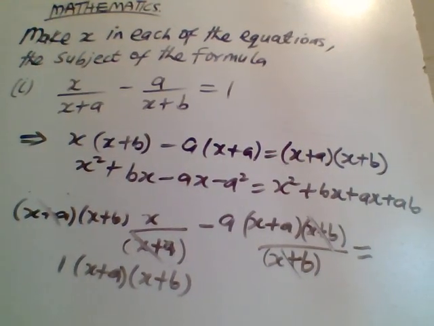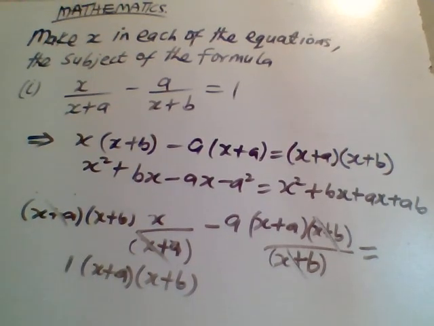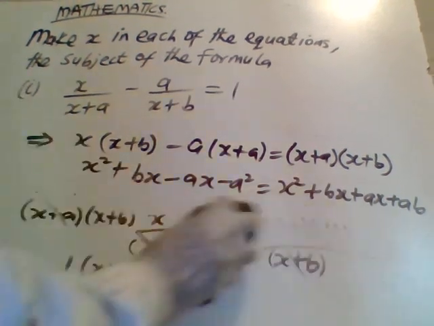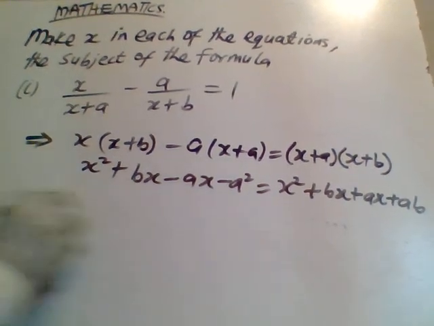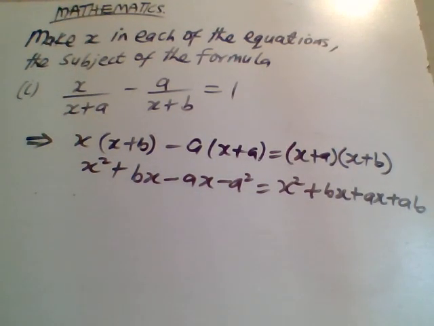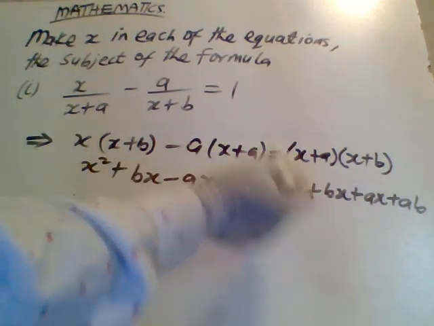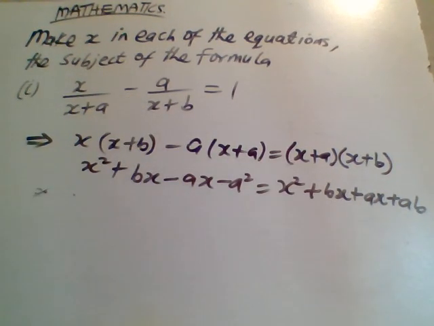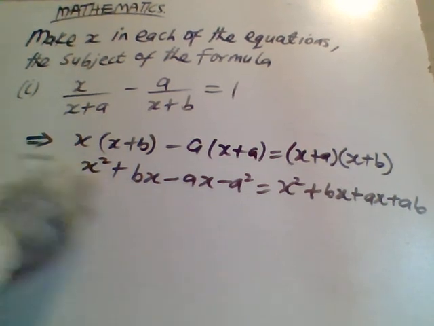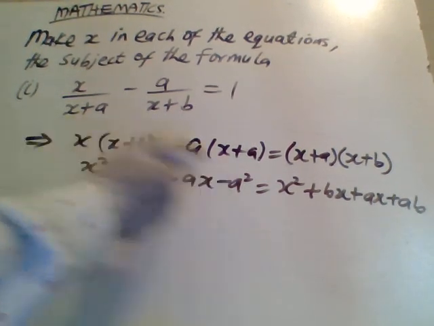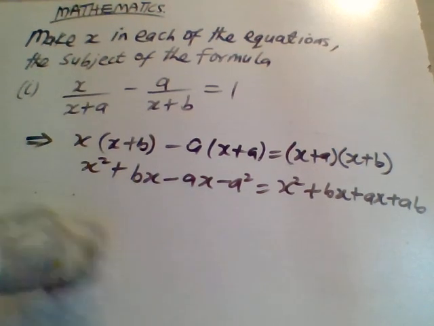Once we have done that, the next thing is to collect like terms on one side of the equation. Bring everything to this side, and remember that the sign will change when you cross the equal sign.